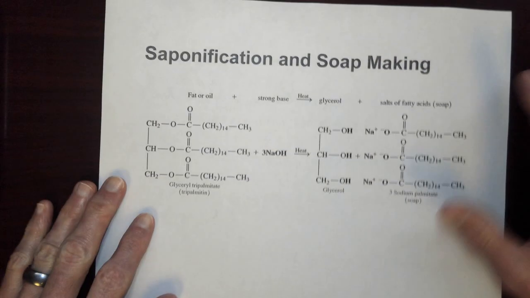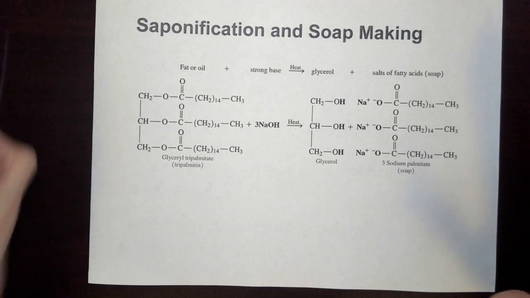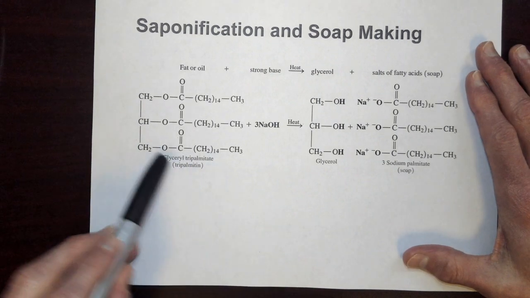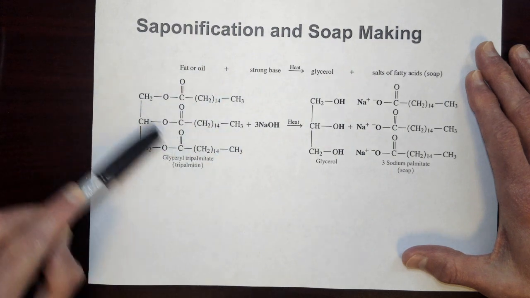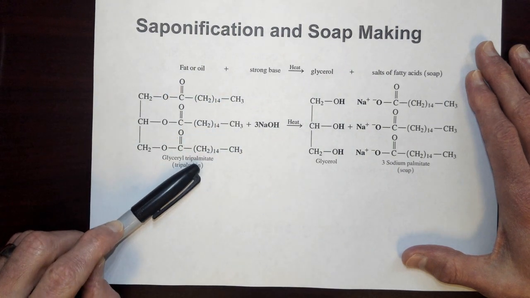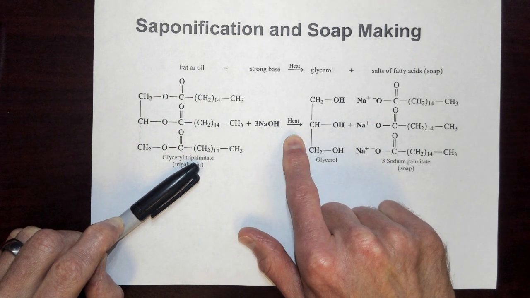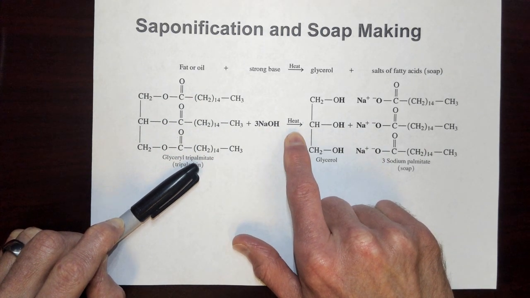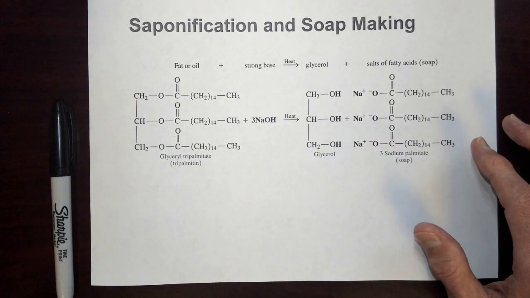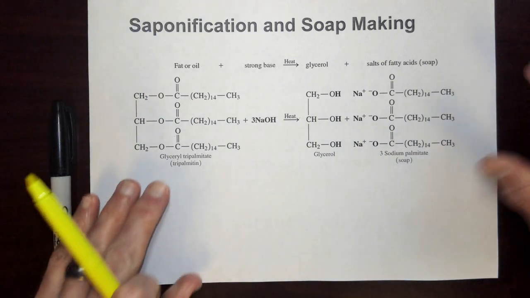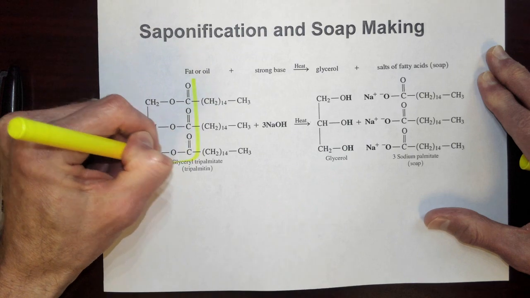Okay, so here's a schematic of that reaction, the saponification soap making. So here is our triglyceride, okay, our triacylglycerol right here. We have our strong base, and we must use heat to speed this process up. Okay, so we would cook it. Now, when that happens, notice again, write down this ester grouping here.